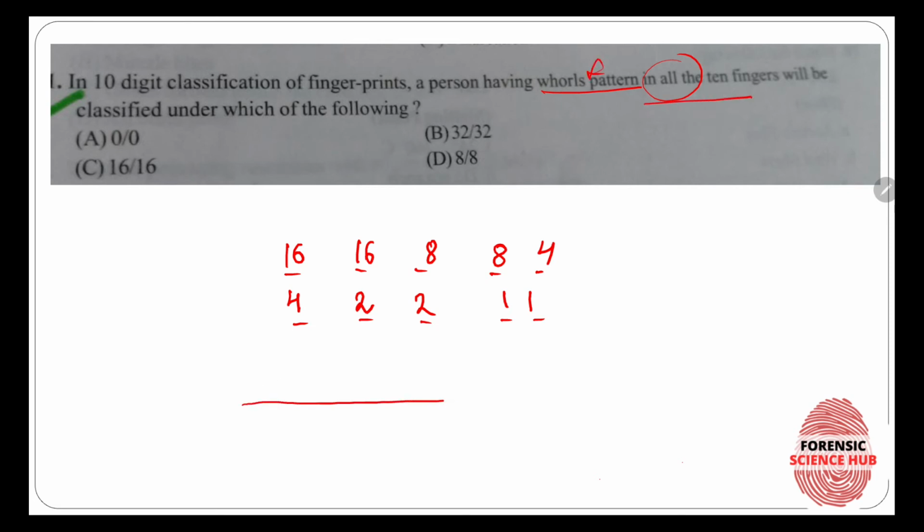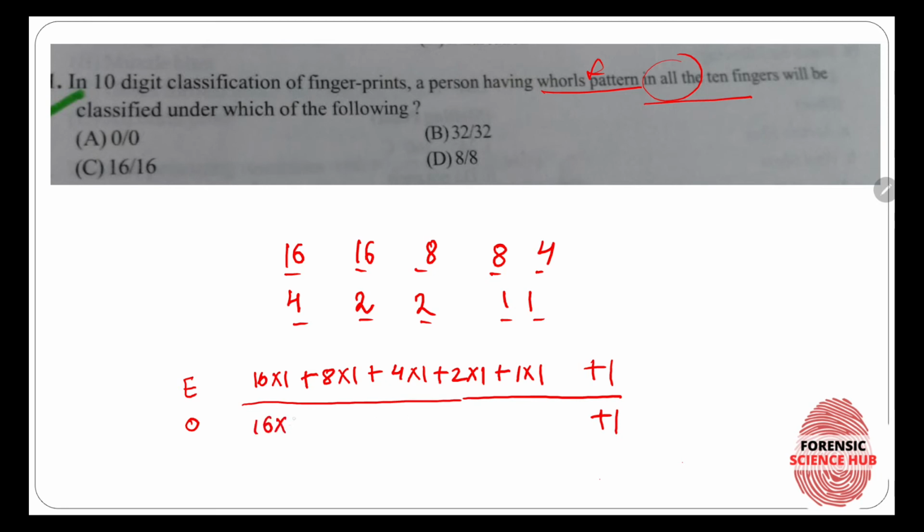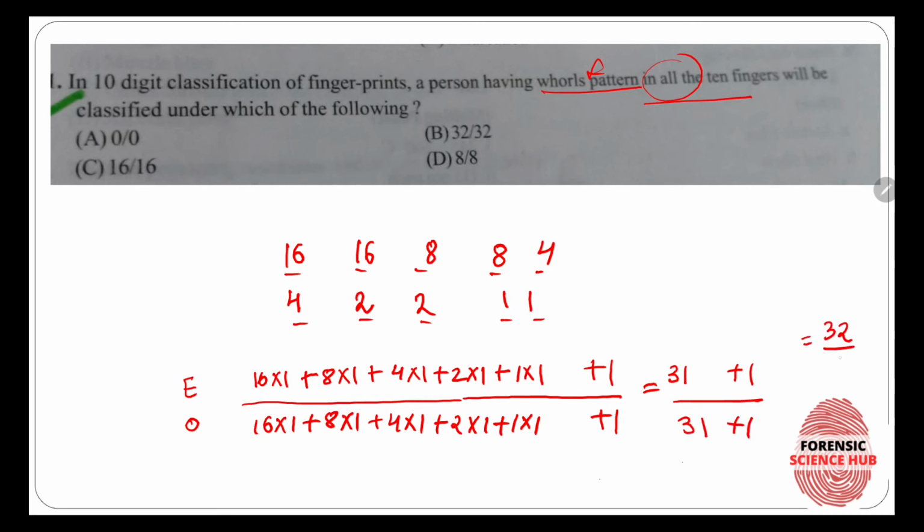So in that formula, all the even fingers and all the odd fingers: 16 into 1 plus 8 into 1 plus 4 into 1 plus 2 into 1 plus 1 into 1, and also plus 1 additional that is added in both the denominator and the numerator. Similarly, the same is to be done. So what we get here is 31 plus 1 divided by 31 plus 1. So that is equal to 32 by 32, and the correct option is B.